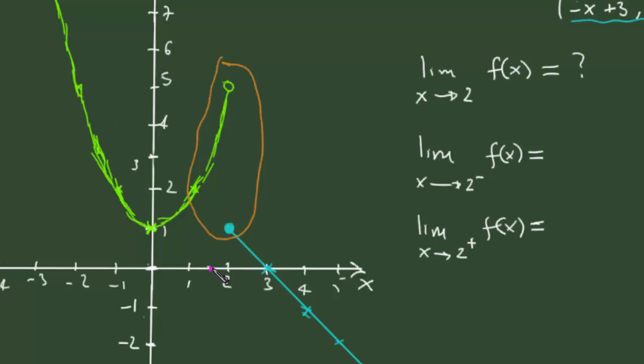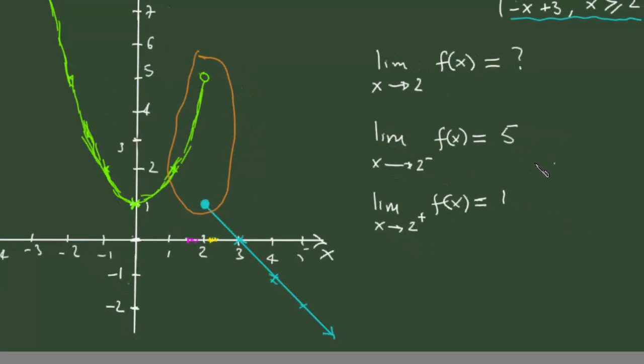Any x approaching 2 from the negative side, we can see its output is 5. So it's going to give us 5. And any x value approaching 2 from the right side, bigger coming to 2, we see that its limit is going to be 1. It's approaching 1, so we're going to say the limit here is 1.